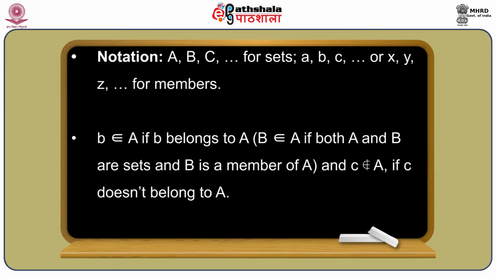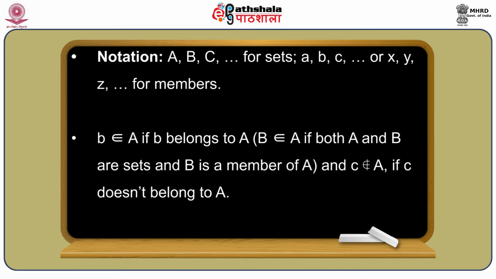Notation. In this module, we use uppercase A, B, C for sets, lowercase a, b, c or x, y, z for members. We say b ∈ A if b belongs to A. Okay.